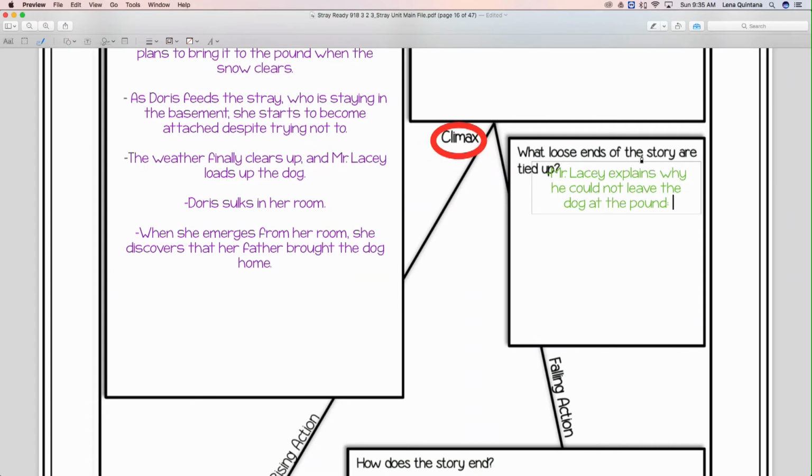So Mr. Lacey explains why he could not leave the dog at the pound. All right, and here are his reasons. The conditions were crowded.